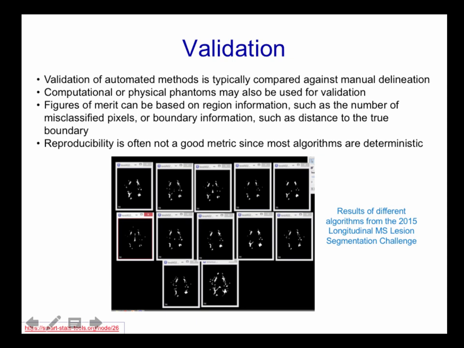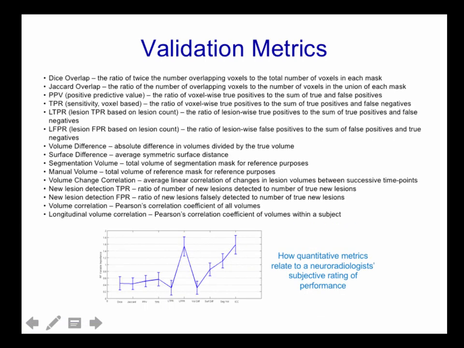In this case, we were just doing an overall comparison, there wasn't a specific scientific question, but in practice, you would actually want to really consider what your application is. Here's a list of different validation metrics we used in this particular challenge. You can see there was a large number of different ones.